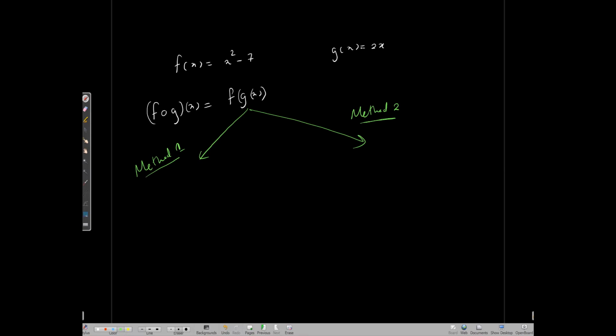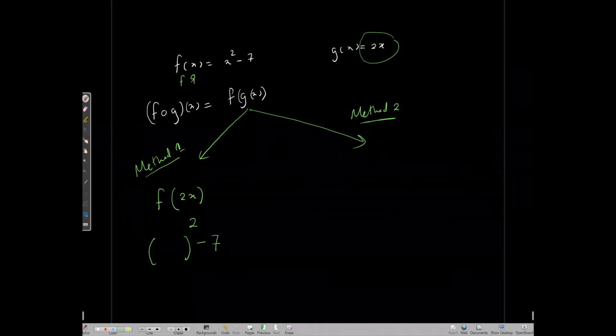Let's keep f, and g of x is 2x, so write down 2x. Now f of 2x: whatever you throw into f, it will square it and subtract 7. Remember this from the function introduction video, this guy squared minus 7.